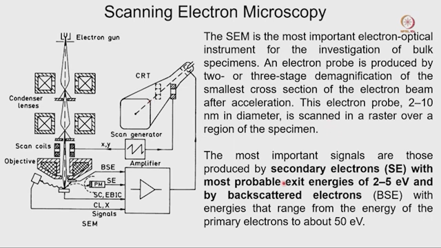Here it is written that mostly the secondary electrons have a most probable exit energy of 2.5 electron volt, along with the backscattered electrons. So, there are two electron sources, secondary electrons and backscattered electrons, that help give us the image from the scanning electron microscope.